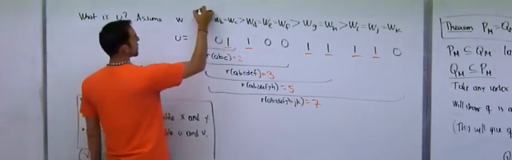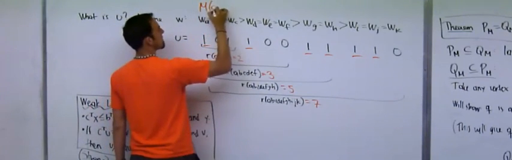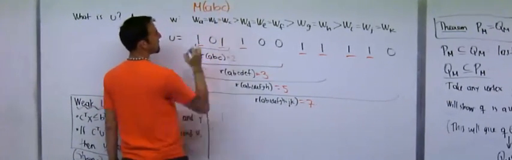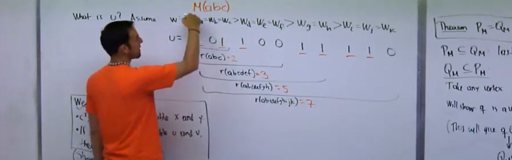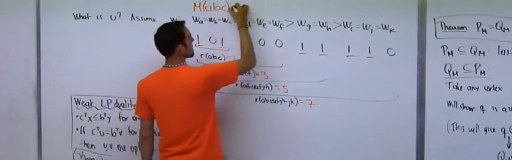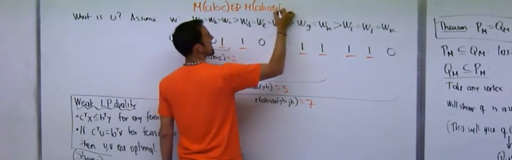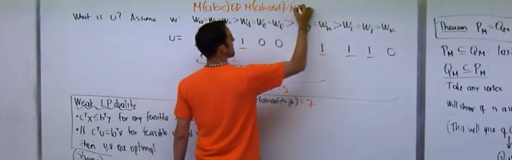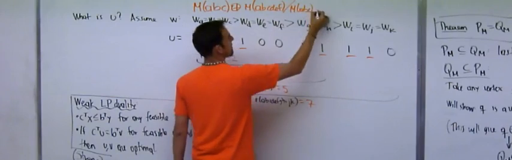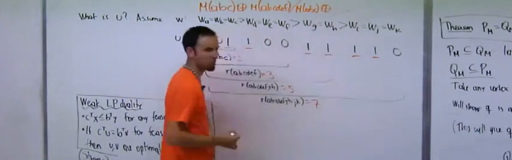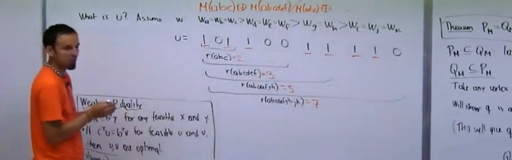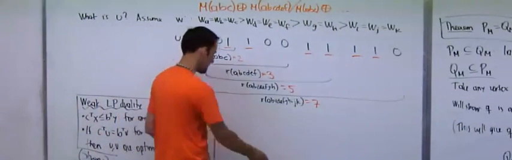And maybe this looks more familiar if I write it as, what you're doing is taking a basis of the matroid restricted to ABC, direct sum, the matroid restricted to A, B, C, D, E, F, contract the matroid of ABC, and so on. This is that homework question where you guys did exactly this.